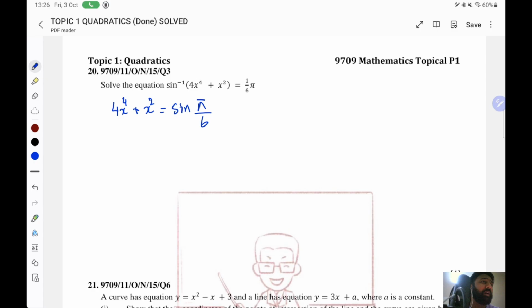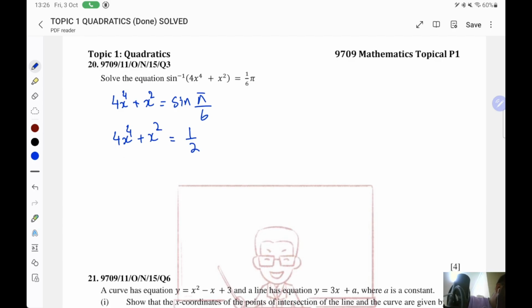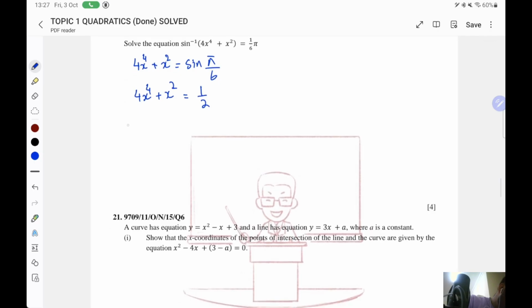One over 6 pi and pi over 6 is the same thing. So if you simplify, sine pi over 6 is 1 by 2. So it will be 4x power 4 plus x square equals to 1 by 2. Now these are complex quadratics, so for that what you do is first let's arrange it.